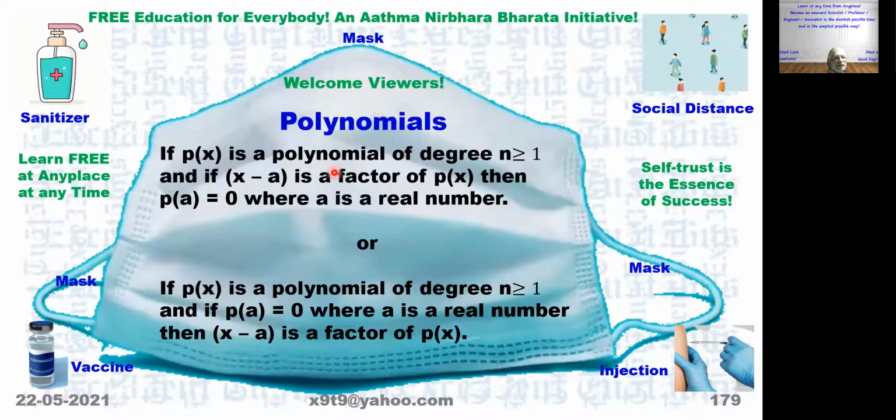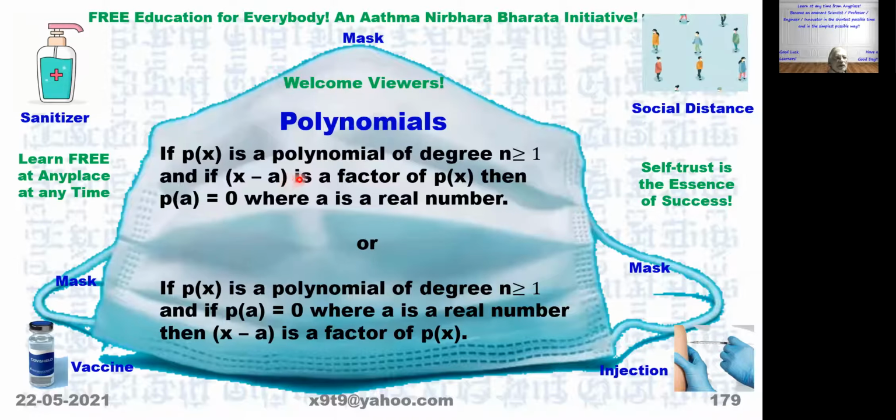It means that for any polynomial P(x) of degree greater than or equal to 1, with a factor x minus a, when this is equated to 0 we get x equal to a. Substitute that a for x in the given polynomial, which gives the value of P(x) when x is equal to a, and simplify. It will come 0 if this is a factor.